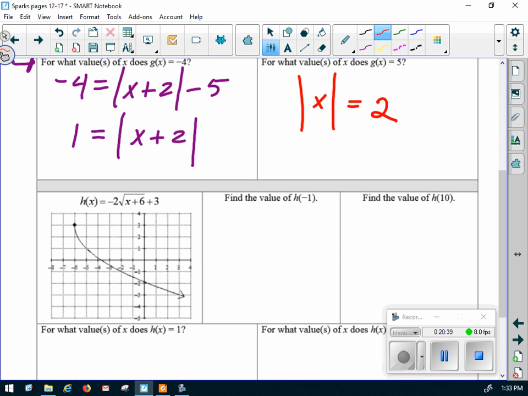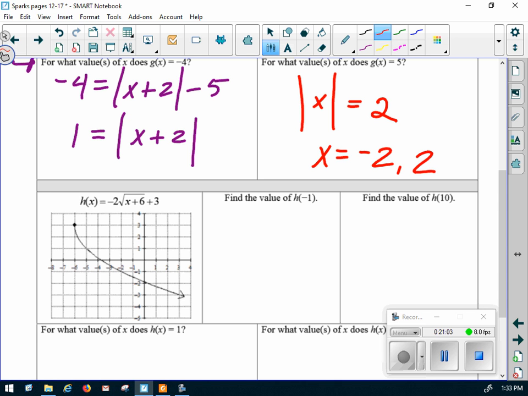I heard distance. Yes, the distance away from 0 on a number line. How many numbers are 2 units away from 0 on the number line? What are the numbers? So x would either be -2 or +2, right?